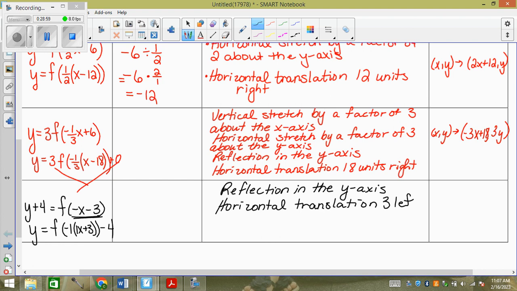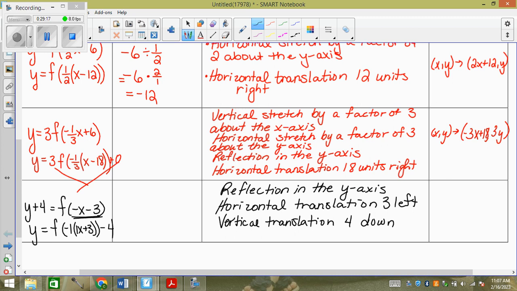Left, and I have a vertical translation. 4 down.